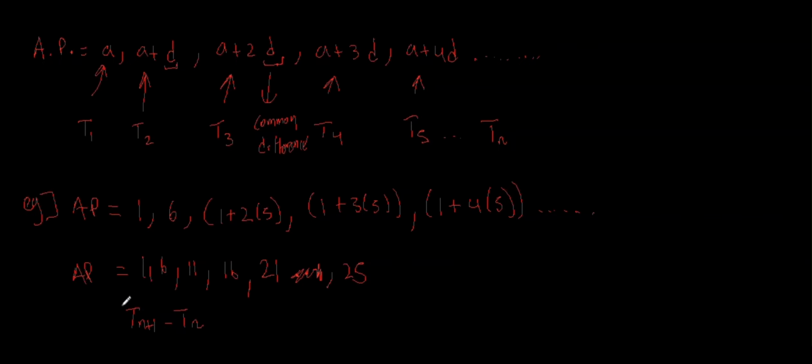So if n was 1, we would be talking about the T2 term, which is 6, minus the T1 term, which is 1. 6 minus 1 is 5, which gives the common difference. You could do that with any pairs of terms infinitely along the sequence, and you will get the common difference. That is a property of our AP.